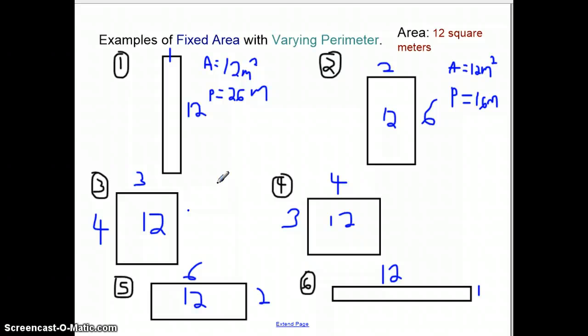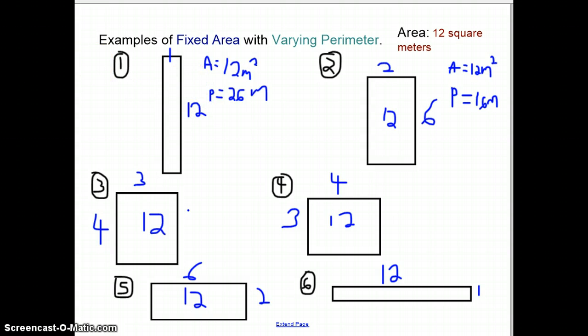If they can be multiplied to get 12, they all go into 12. 1 goes into 12, 2 goes into 12. Notice that. That's very important when it comes to dimensions and finding the area. So make sure you realize that.